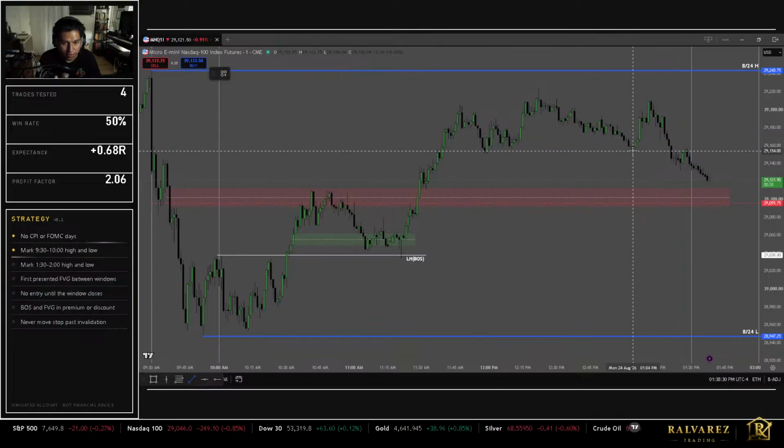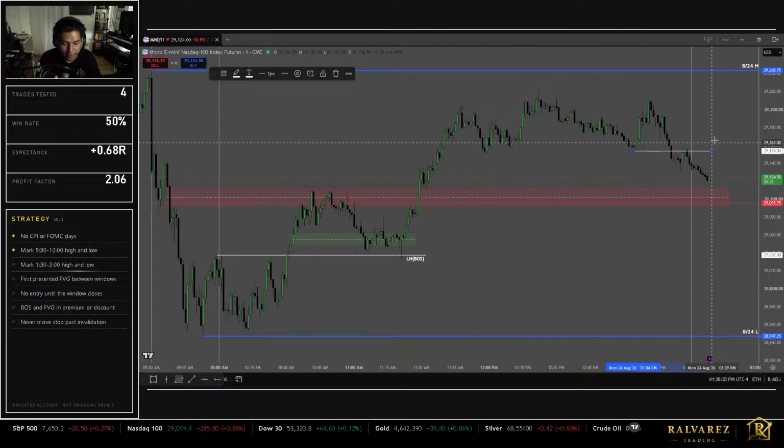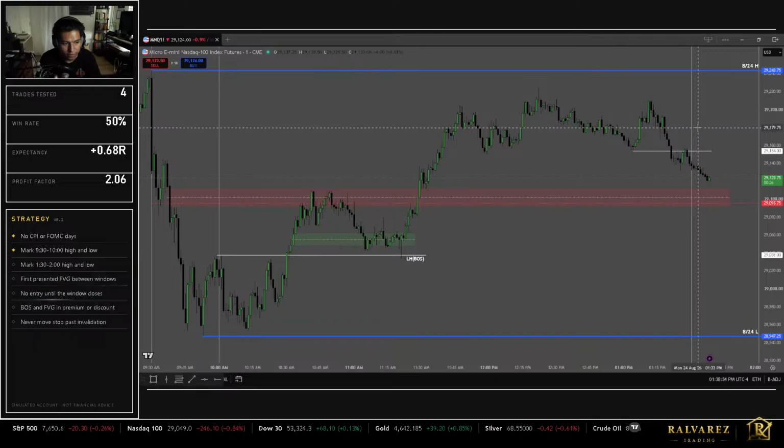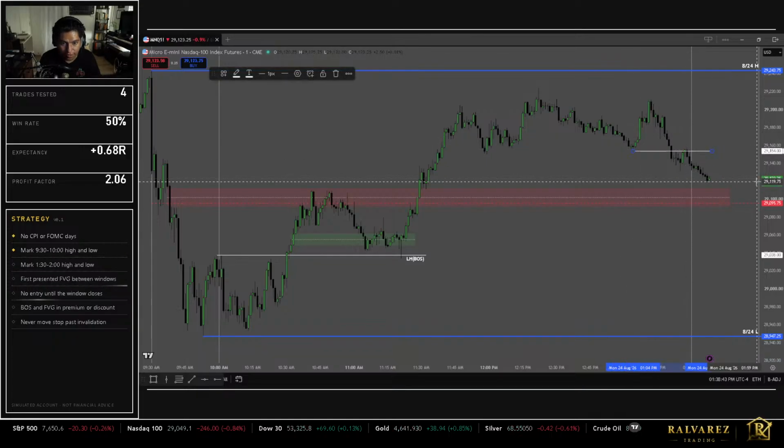So what I'm looking at is, lower high, now it'd be a higher low that gets broken. So this is our higher low.